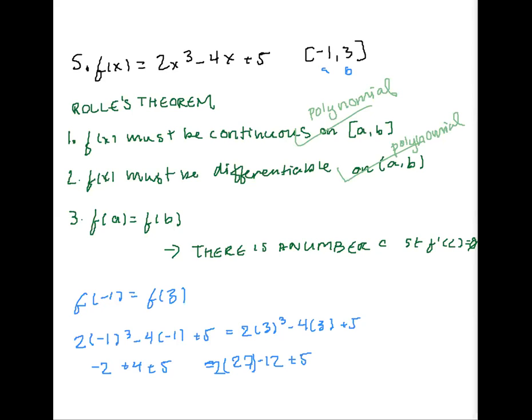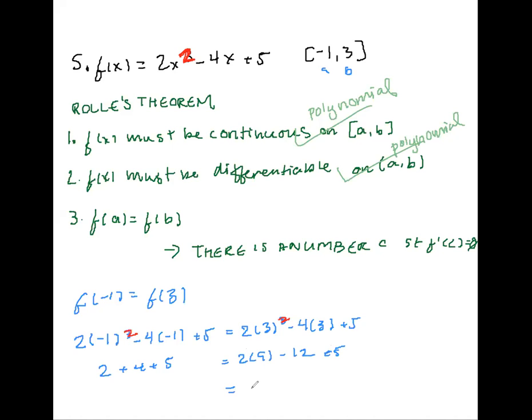I just misread the problem. Big oops there. This is squared. So that is squared and that is squared, and everything makes a lot more sense now. That's going to be 1 now, so this is going to be 2 plus 4 plus 5, and this is going to be 2 times 9 minus 12 plus 5.